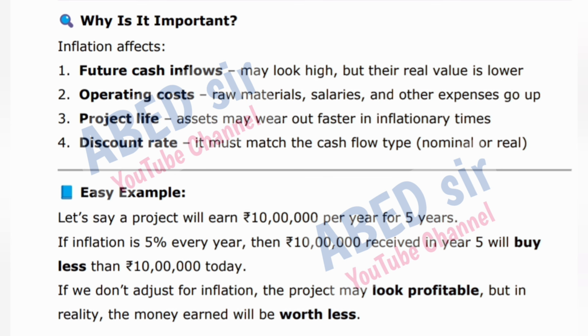Easy example. Let's say a project will earn 10 lakh rupees per year for 5 years. If inflation is 5% every year, then 10 lakh rupees received in year 5 will buy less than 10 lakh rupees today. If we don't adjust for inflation, the project may look profitable, but in reality, the money earned will be worth less.